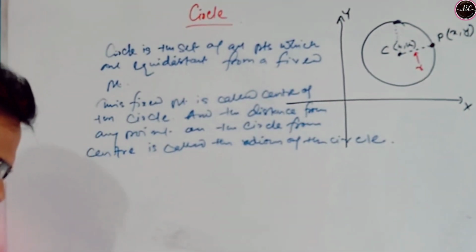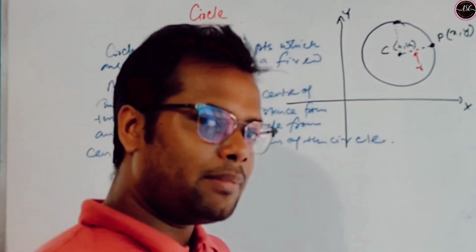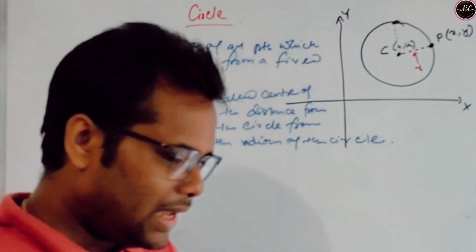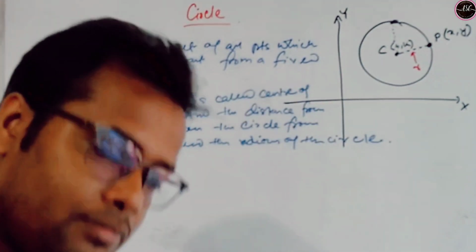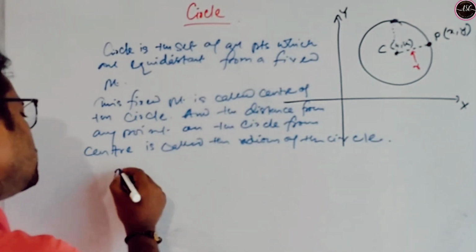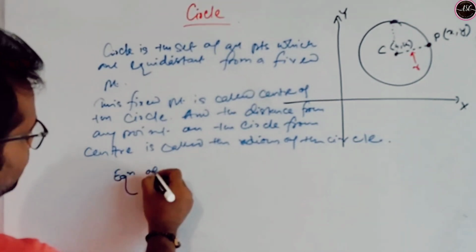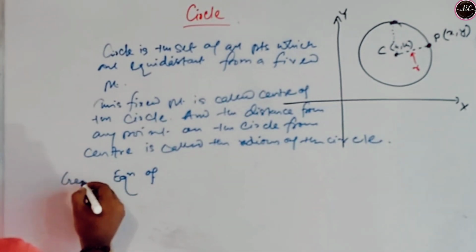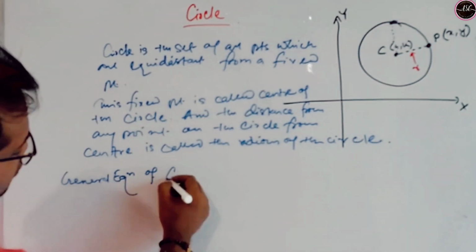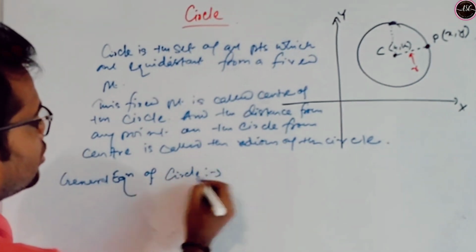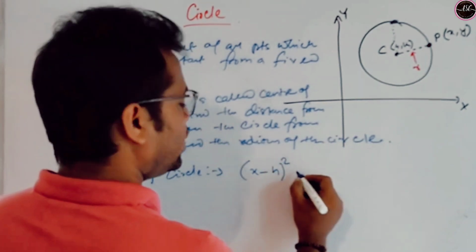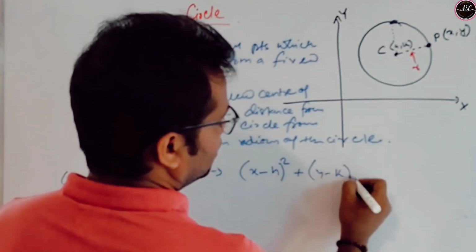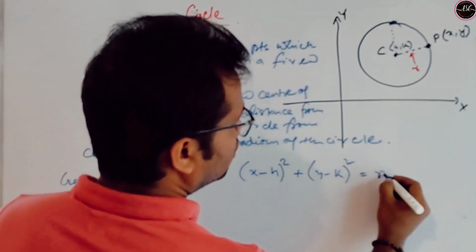Okay, so now in previous class we have learned various equations of straight line. Here we will learn the equation of circle. So what will be the equation? General equation of circle. Okay, x minus h whole square plus y minus k whole square equal to r square.